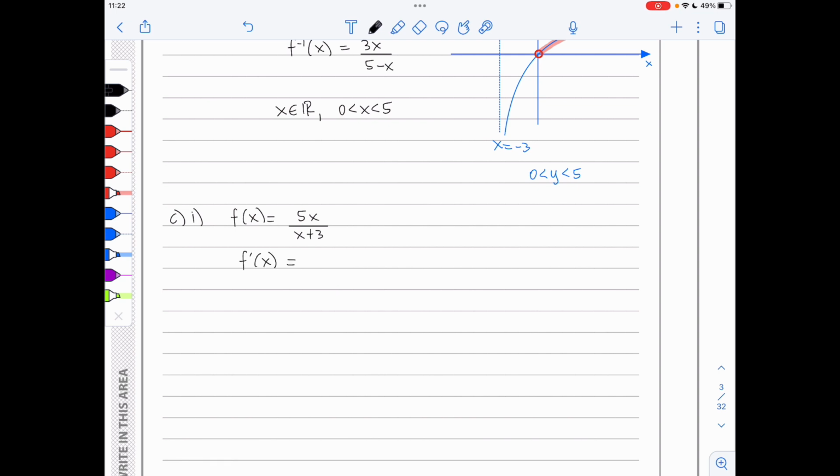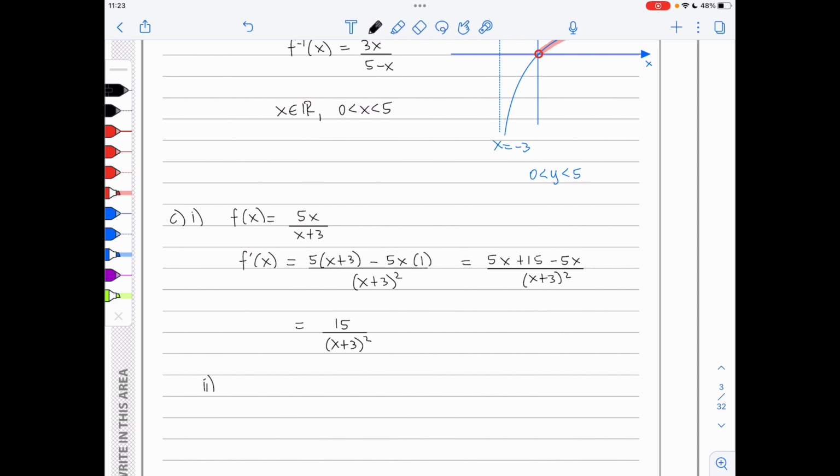So the derivative of the top is 5, I keep the bottom, minus keep the top, differentiate the bottom, and all over the bottom squared. We can see that this simplifies to 5x plus 15 minus 5x over (x plus 3) squared, which simplifies to 15 over (x plus 3) squared.